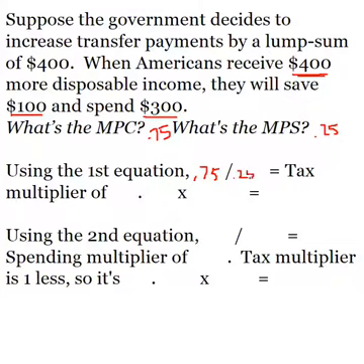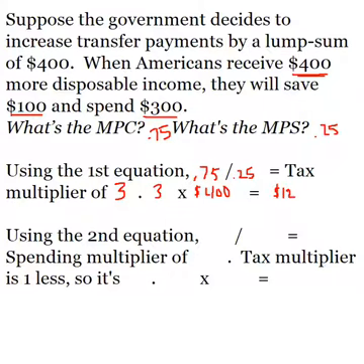So how many times is 25 in 75? 3 times. There are 3 quarters in 75 cents, if that logically makes more sense to you. So in that case, our tax multiplier is 3, and 3 times the change in transfers from the original question was $400. 3 times $400 will give us $1,200.